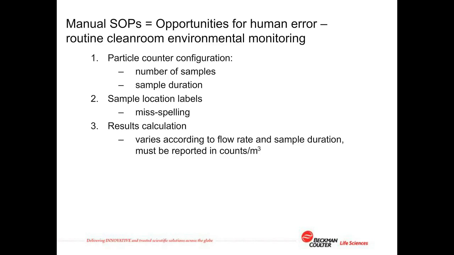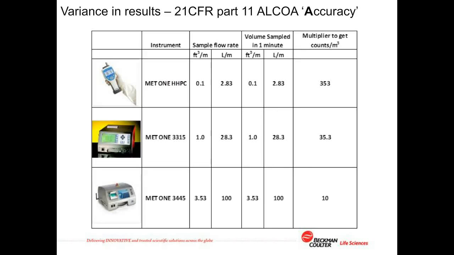It takes a much smaller sample. So you have to multiply the results reported from the count up to get the counts per cubic meter. And that sounds fairly straightforward, but it depends. If you have a mixture of particle counters on your site, then the opportunity for error does creep in, and I will explain a bit later on a very real-life example where I saw that.